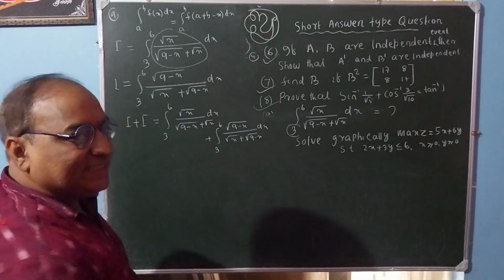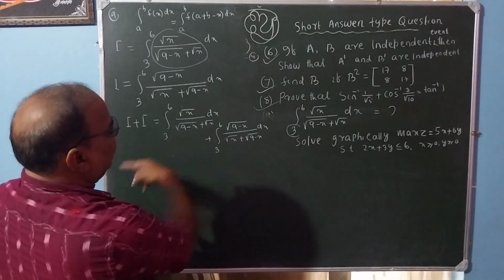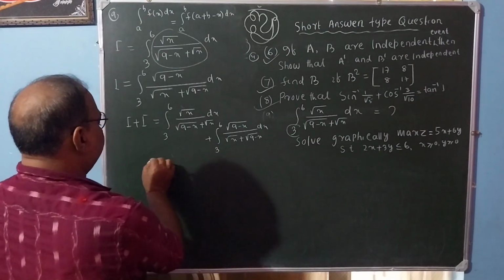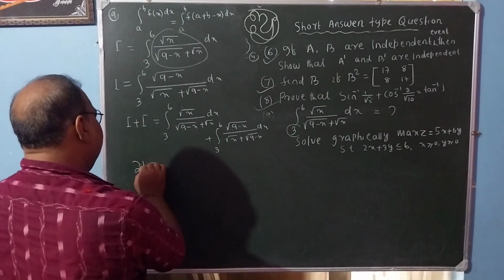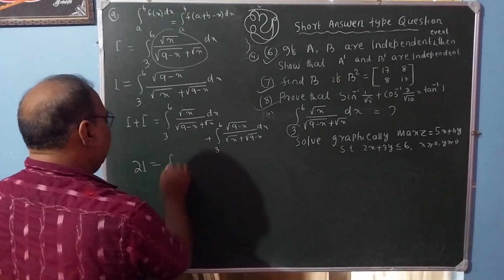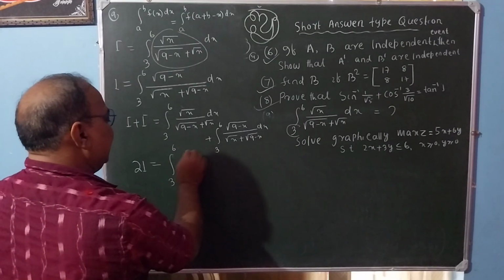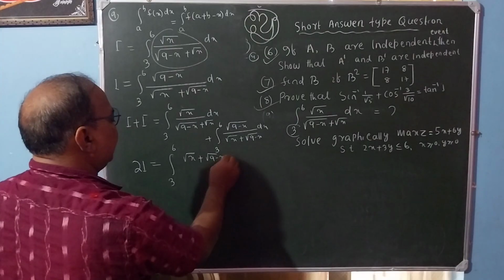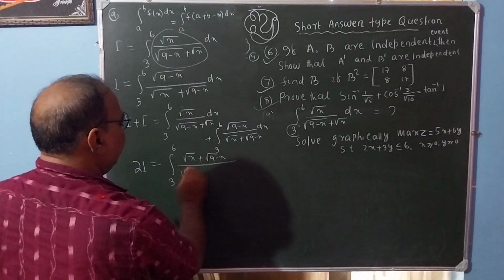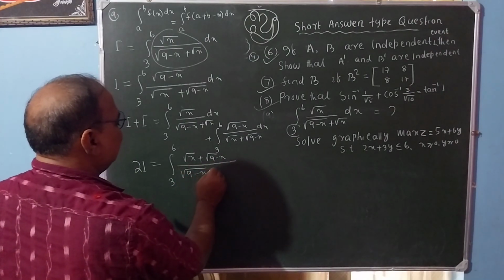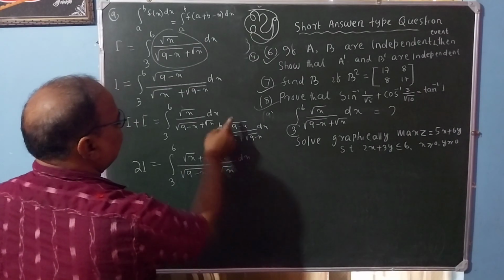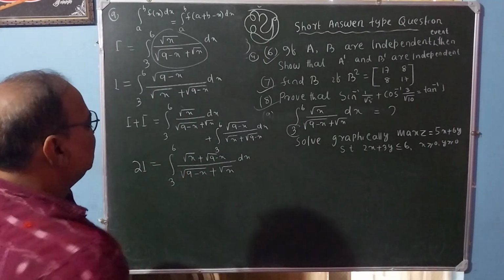When the denominator is the same, the numerators will be added because the upper limit and lower limit are the same. So that can be written as 2I equal to integral from 3 to 6 of root x plus root of 9 minus x divided by root x plus root of 9 minus x dx. Numerator and denominator are the same, so this cancels.